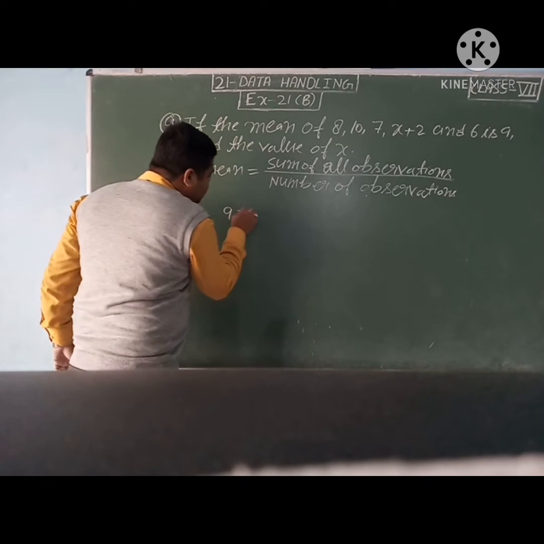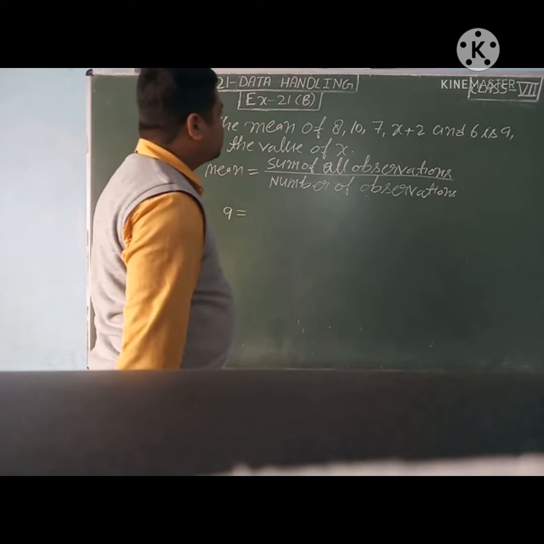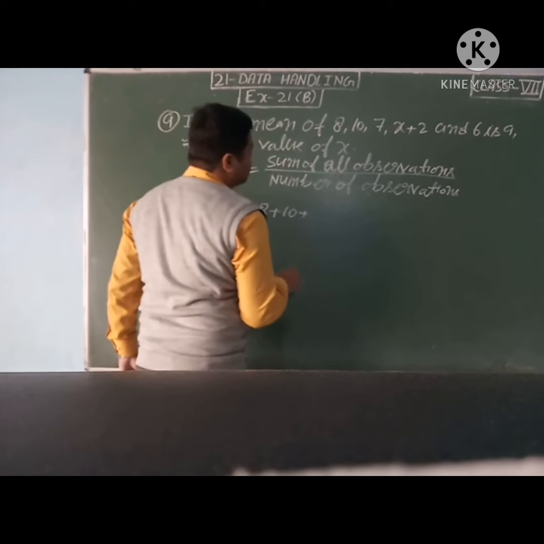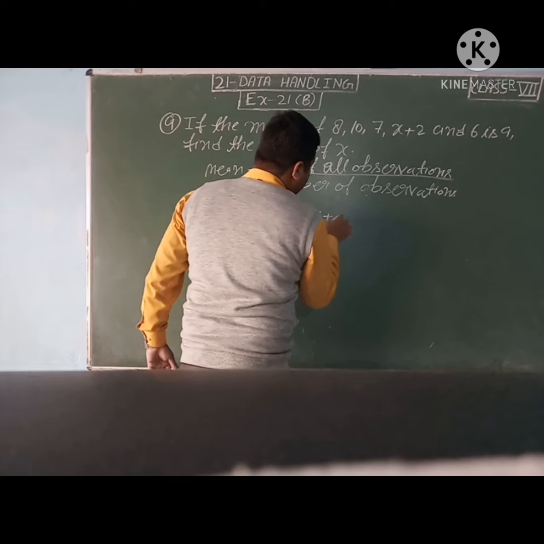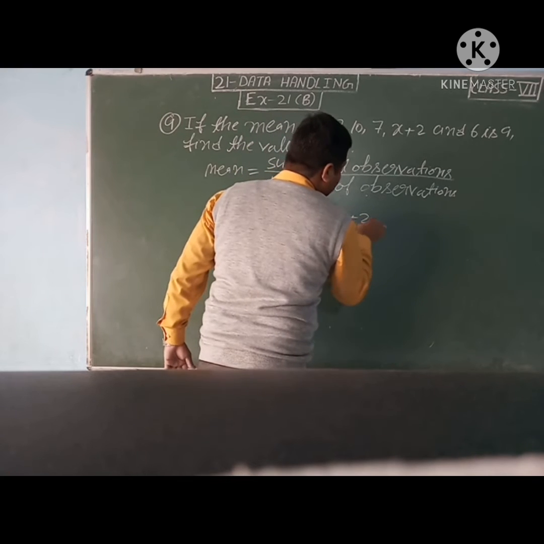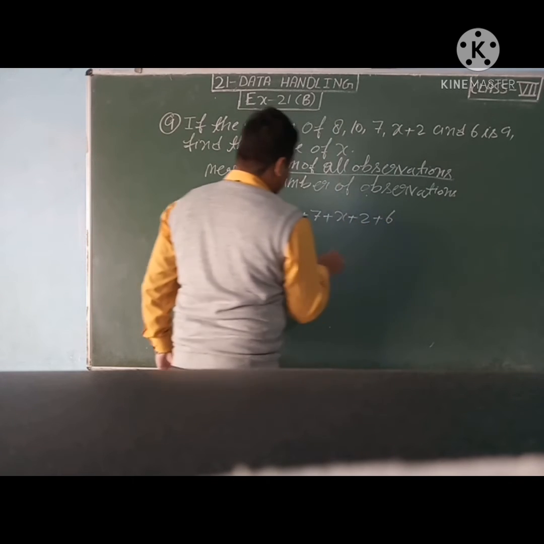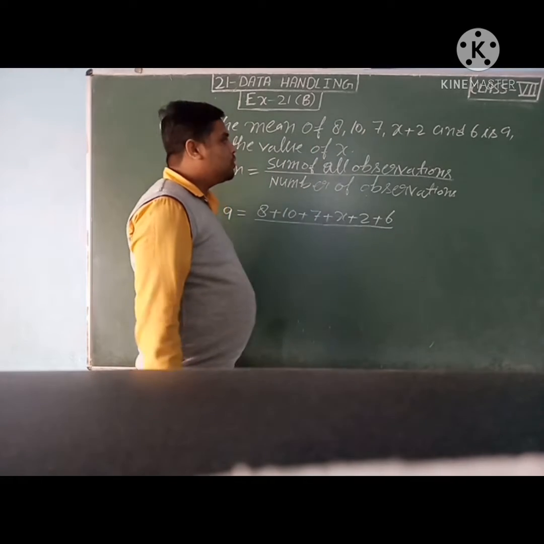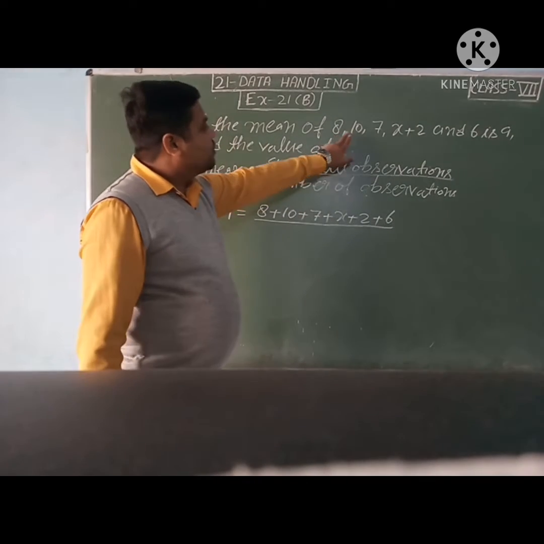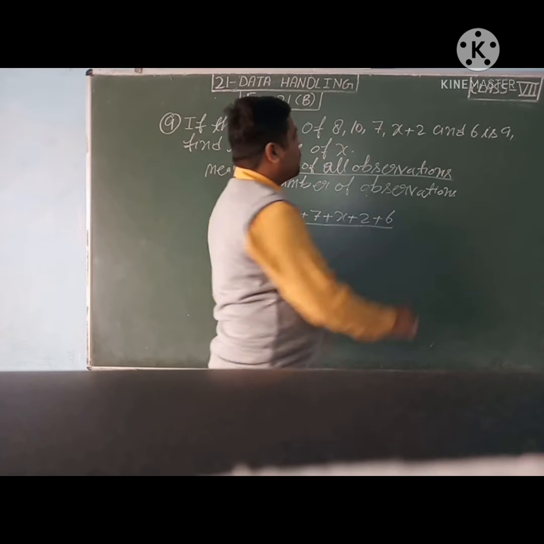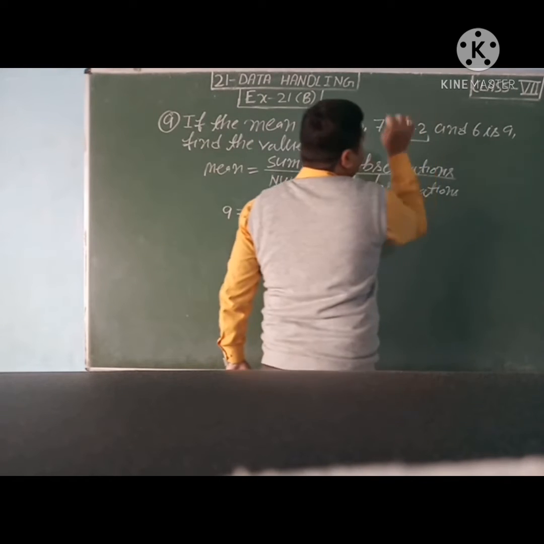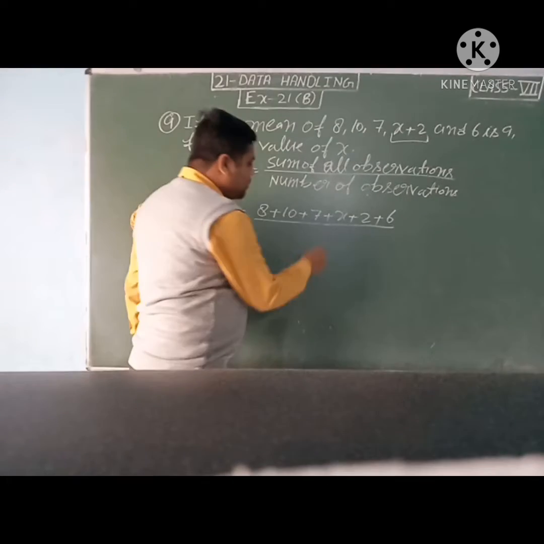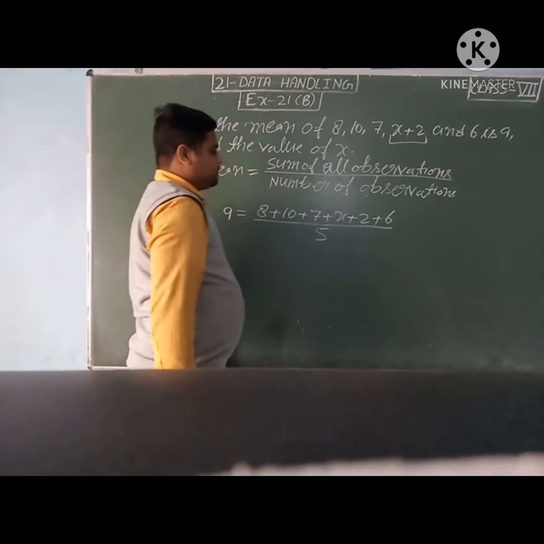Mean 9 is equal to, observations are 8 plus 10 plus 7 plus x plus 2 plus 6 upon the number of observations. How many observations? 1, 2, 3, 4, 5. So 5 observations, upon 5.